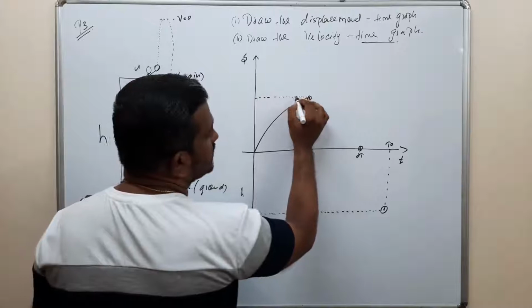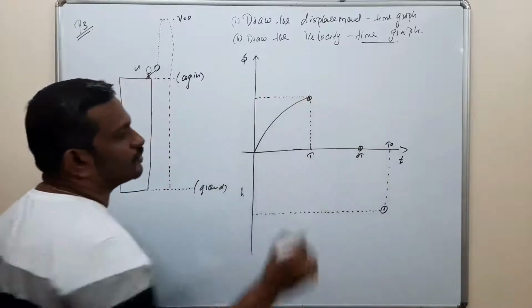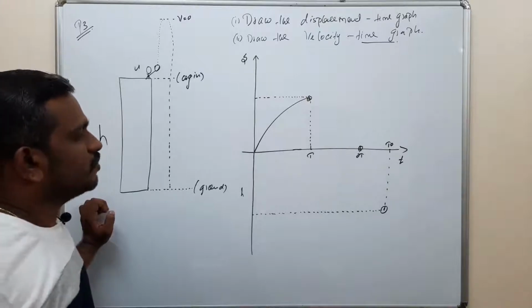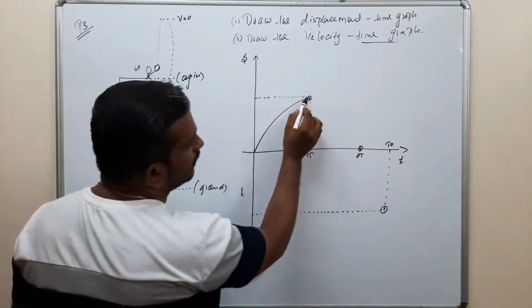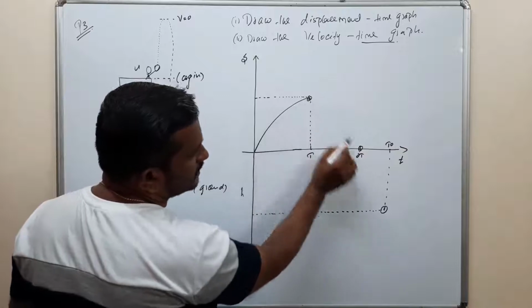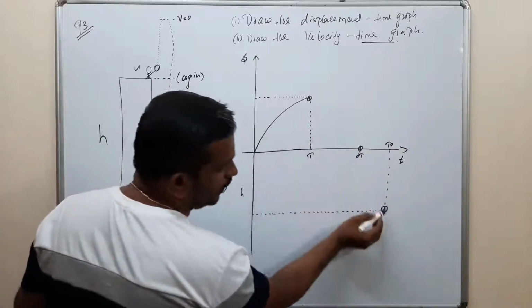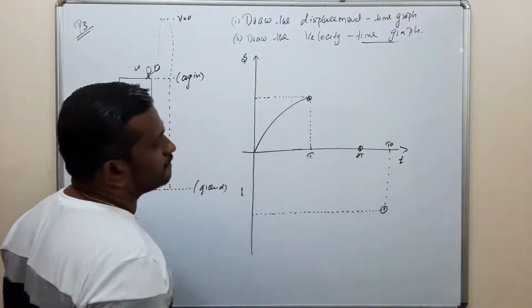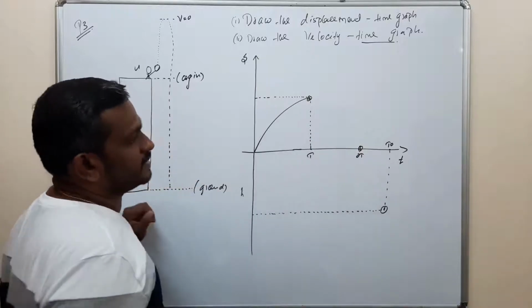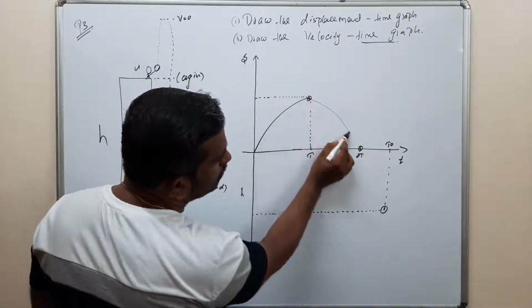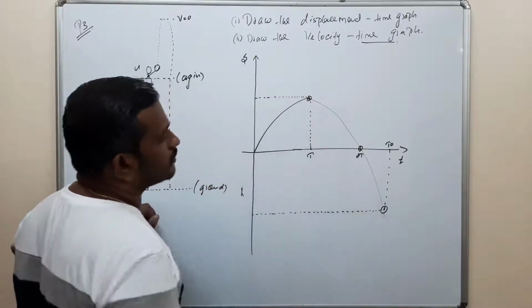When you draw the tangent at this position, it is horizontal to the time axis, so the velocity becomes 0. After that, from this point, the velocity is negative, and it increases. The curve is like this.